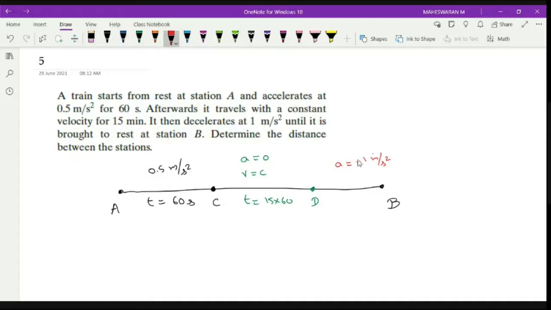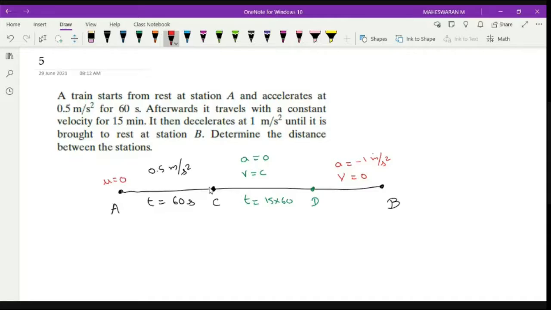That's why I'm putting a negative sign. So until it's at rest, which means your final velocity is also known, which is zero. Similarly, here also it starts from rest, so your initial velocity here is zero. Right? So these are your overall terms.